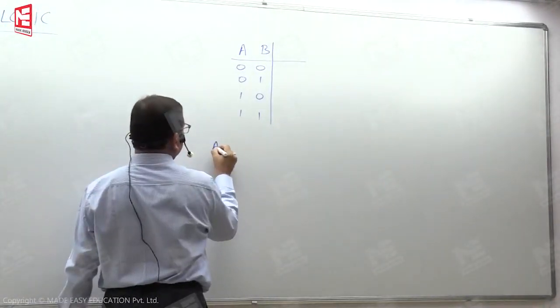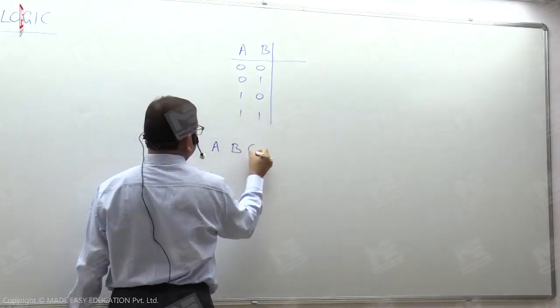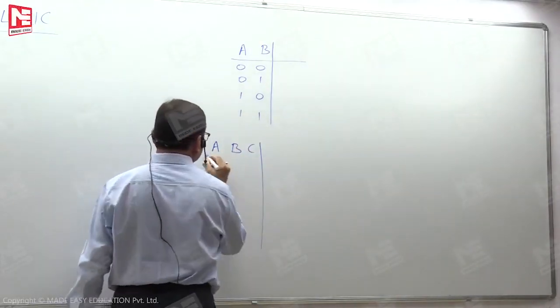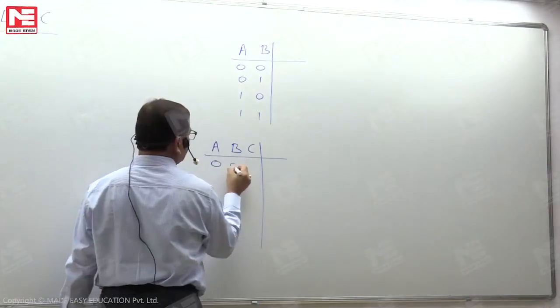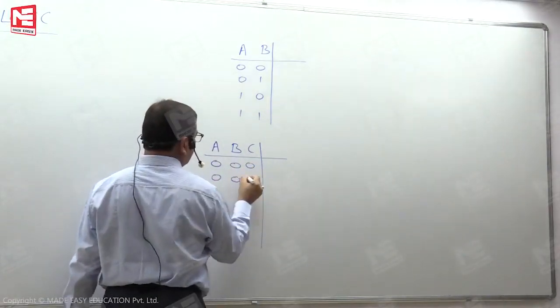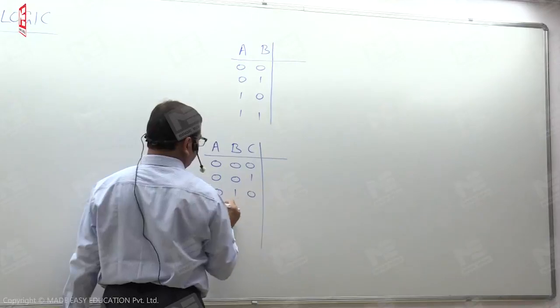Similarly, if we want to look at the result of the operation on 3 variables, the possible values on these 3 variables come to be any one of these combinations.